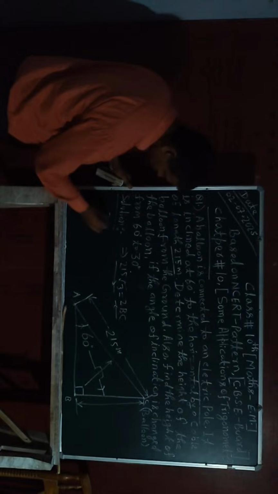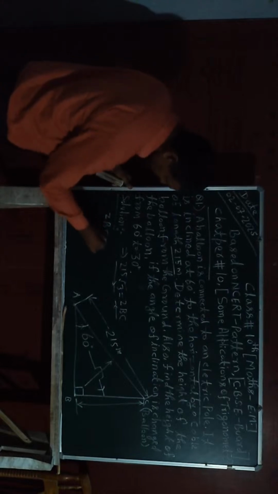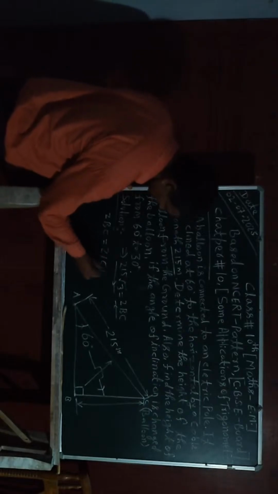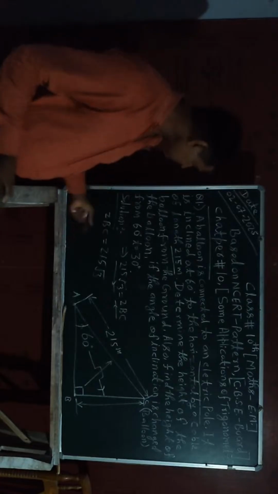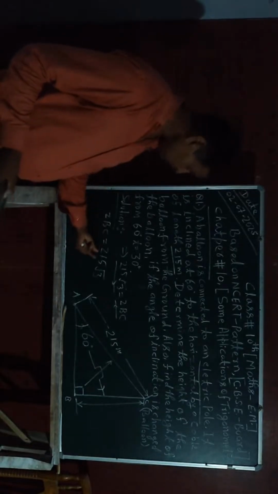I will put right hand side data here: 2BC, which is equal to 215 root 3. Okay. Further, because here 2 is multiplied with BC, so 2 will go to the right hand side. So 215 root 3 will be divided by 2.